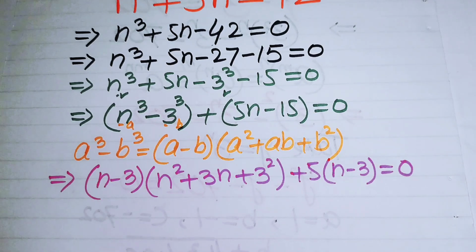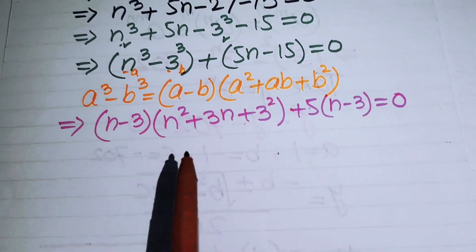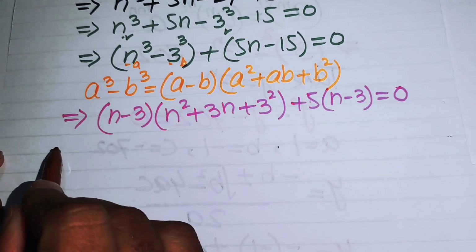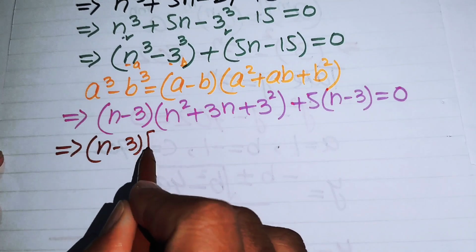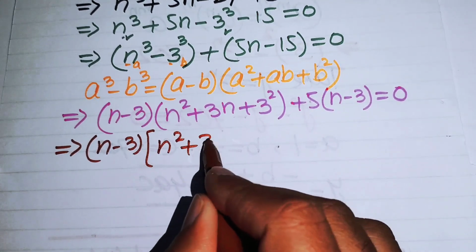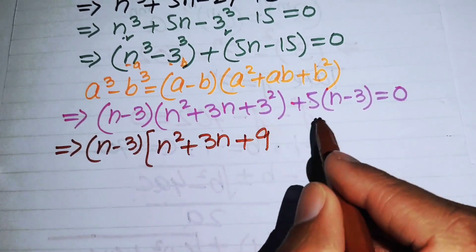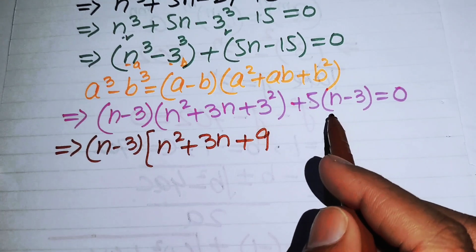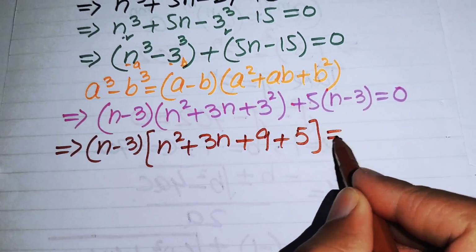And in the next step you see that we have n minus 3 as the common factor on both of the terms. Then you will just take common n minus 3 here, and you get the remaining terms are n squared plus 3n, and here you have 3 squared equals 9, and here we take common n minus 3 and you get plus 5 equals 0.